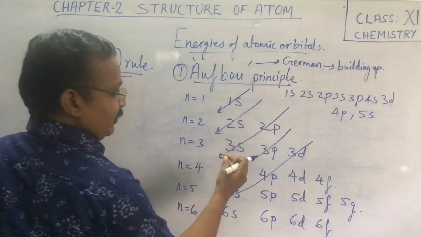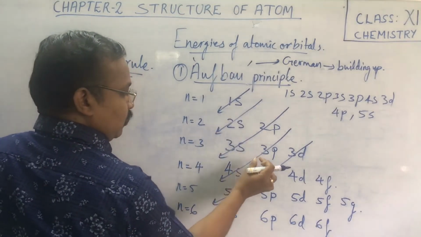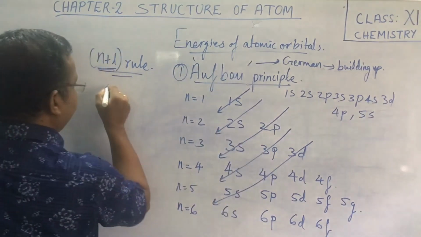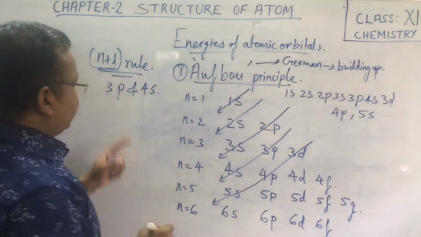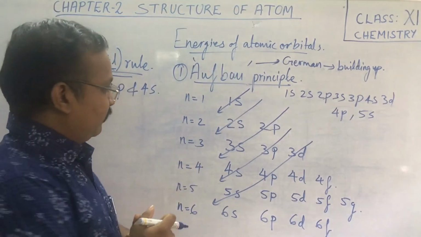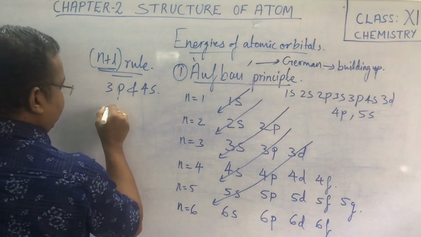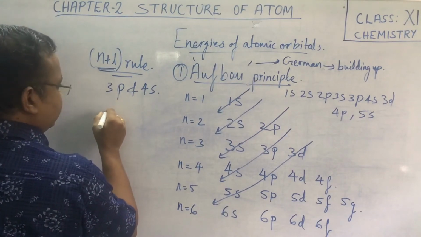Suppose you are having two orbitals, you can take 3p and 4s. In 3p and 4s, which one will we fill first?